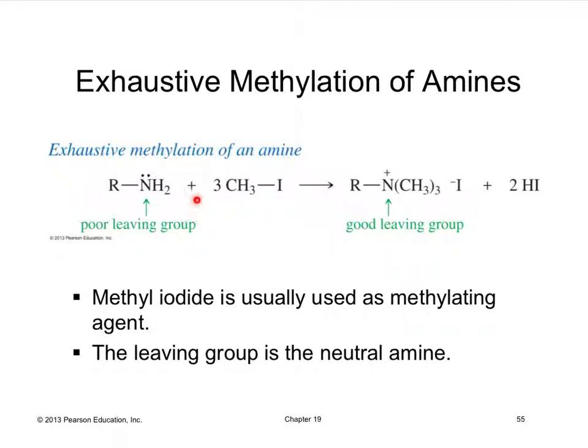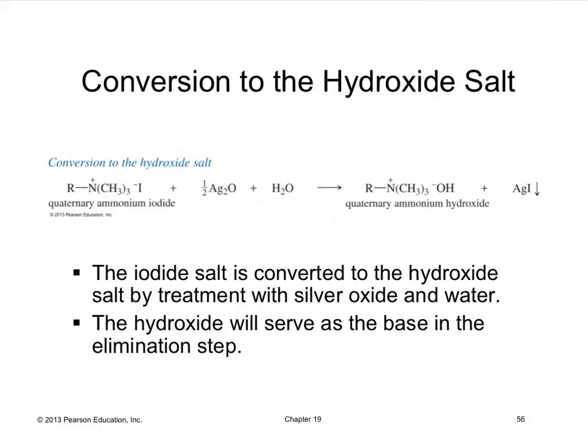If we exhaustively methylate amines, here in the presence of methyl iodide, this becomes a good leaving group, and this is a good cation to react with. So we can convert quaternary ammonium iodide in the presence of silver and water to the quaternary ammonium hydroxide.